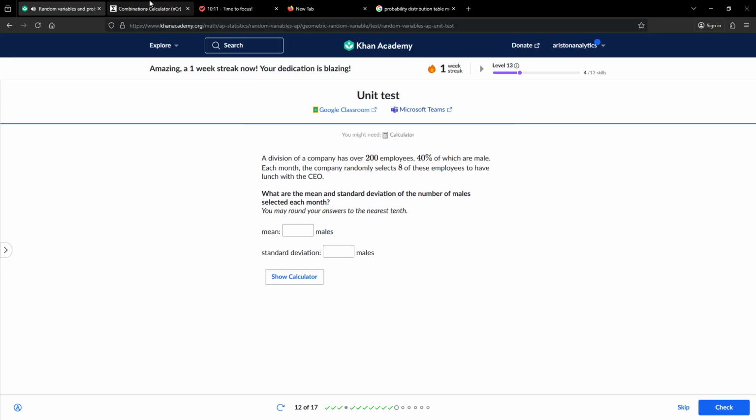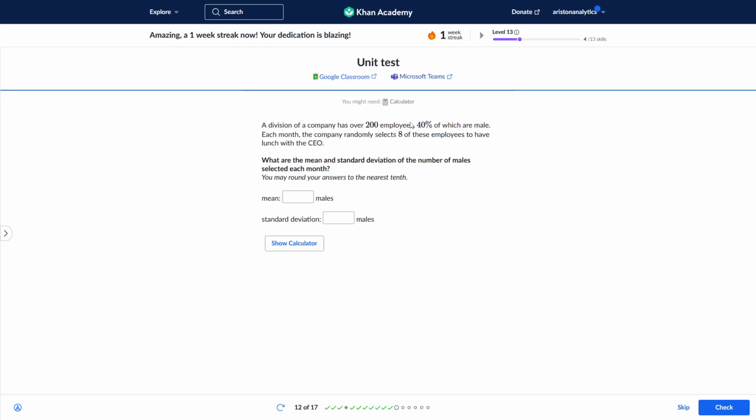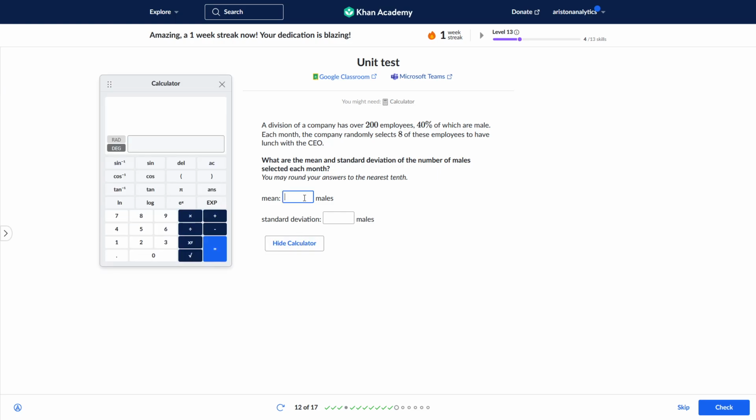A division of a company has over 200 employees, 40% of which are male. The company randomly selects 8 to have lunch with the CEO. Okay, this is binomial, whatever. Binomial, normal, random variables. Okay.